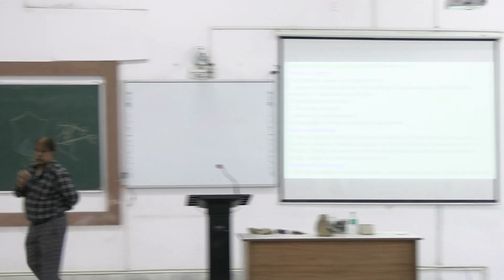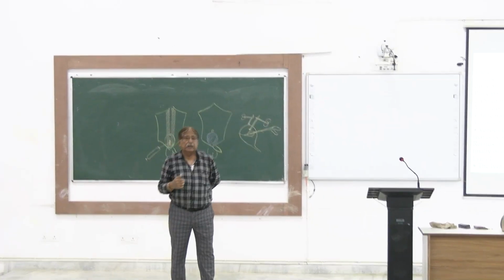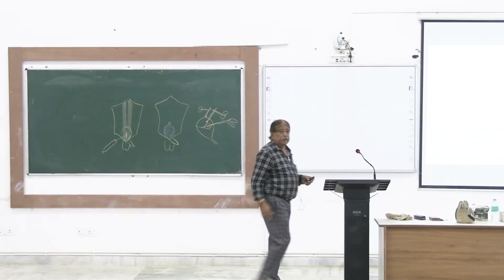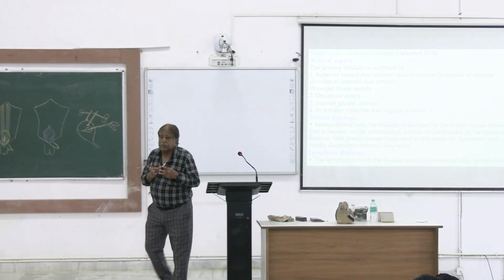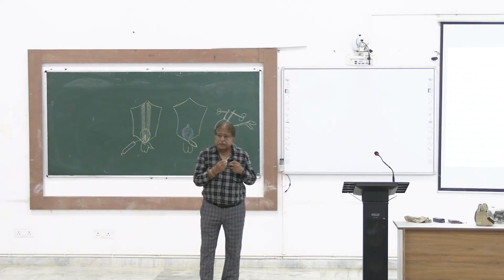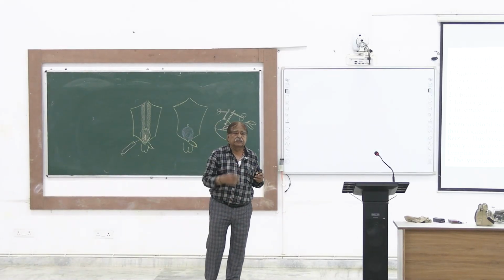If there is a small stone, then it can be taken out. Large stones are removed by lithotripsy. Waves are sent, the stone is broken into dust, and that comes out.